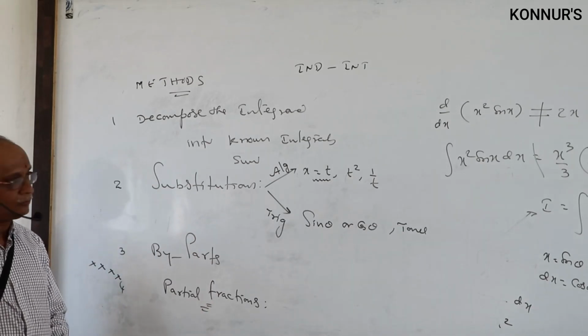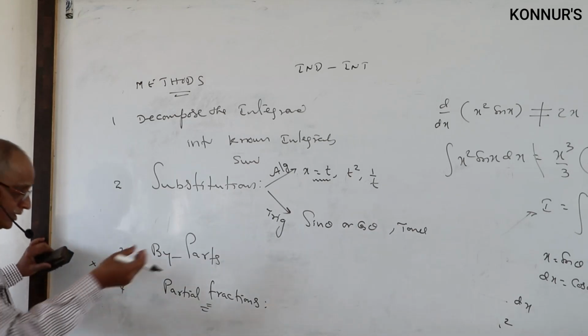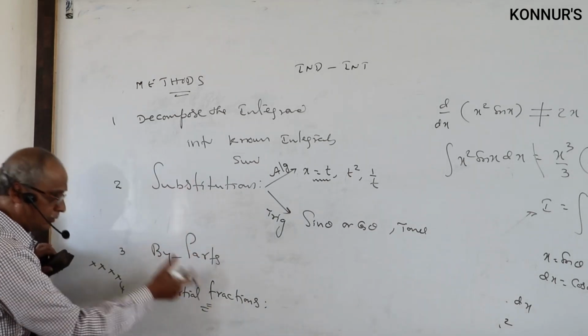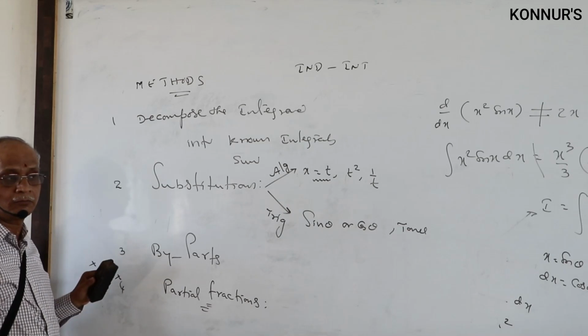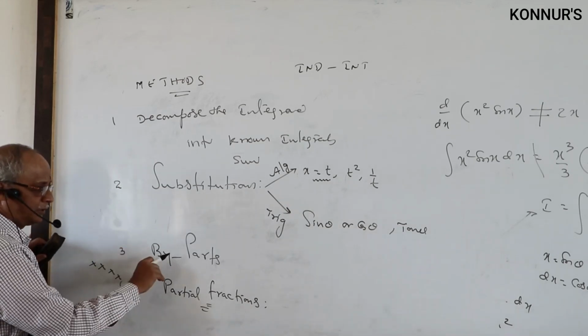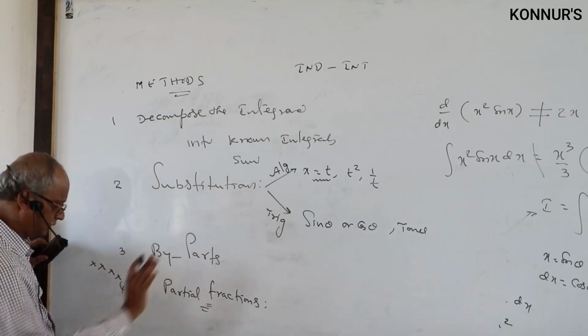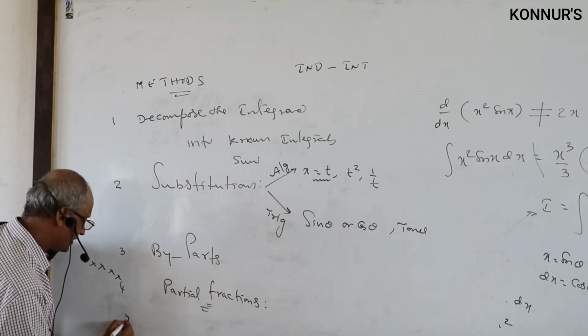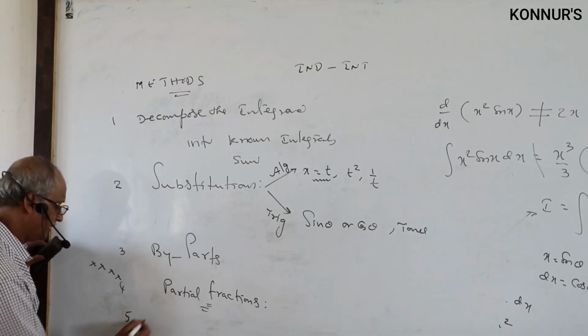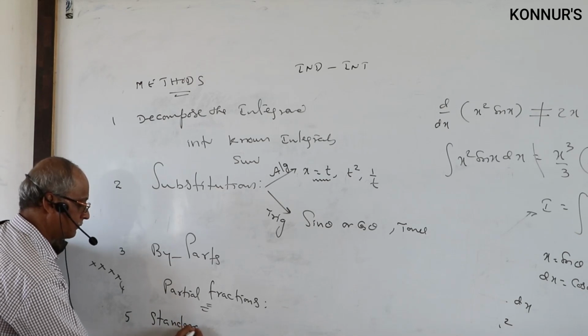But whenever a function is given, you may not be able to integrate it using these methods. Maybe they fail. You cannot find the value for a given function by any substitution or partial fractions. Impossible. That is the reason we have the integration of standard functions.